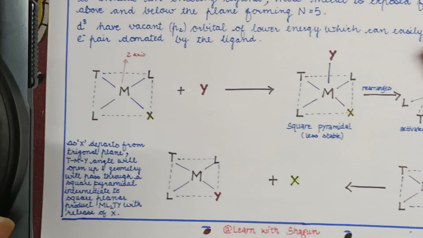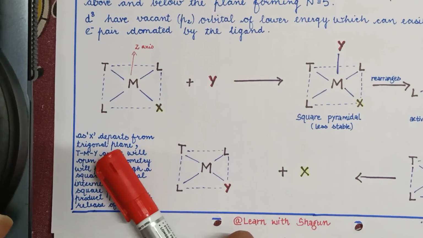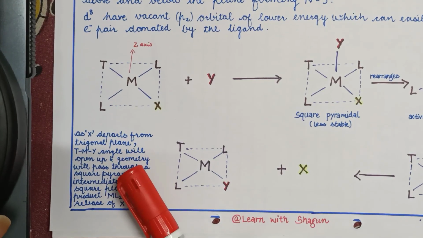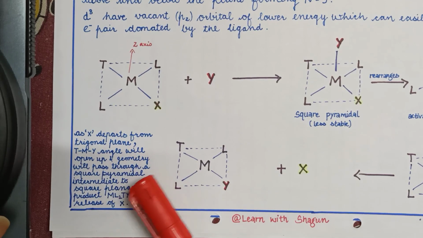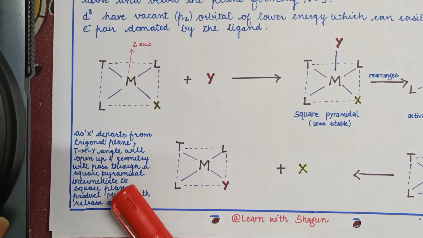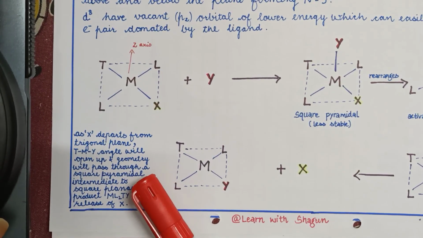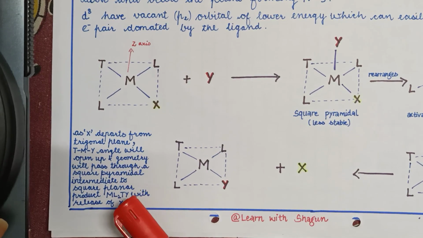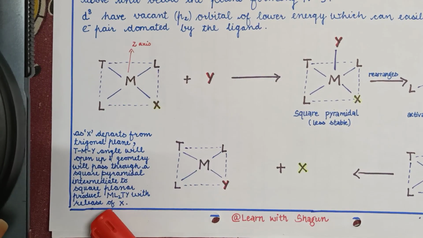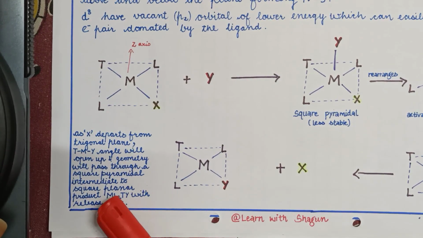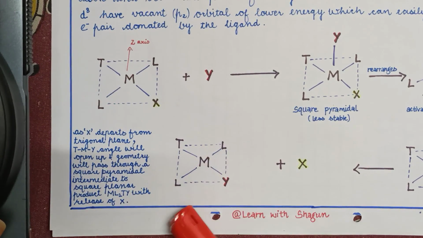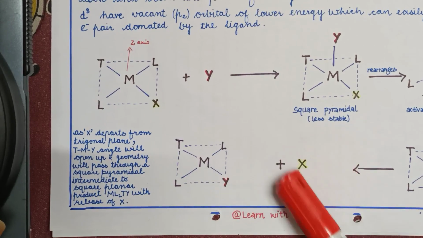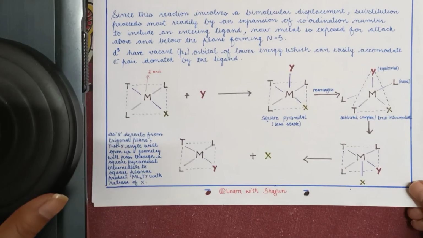So as X departs from the trigonal plane, the T-M-Y angle will open, and the geometry will pass through a square pyramidal geometry. Again, when it opens, it will pass through a pyramidal geometry, to a square pyramidal intermediate, to the square planar product, which is the final product we got with the release of X. It had only 4 steps.